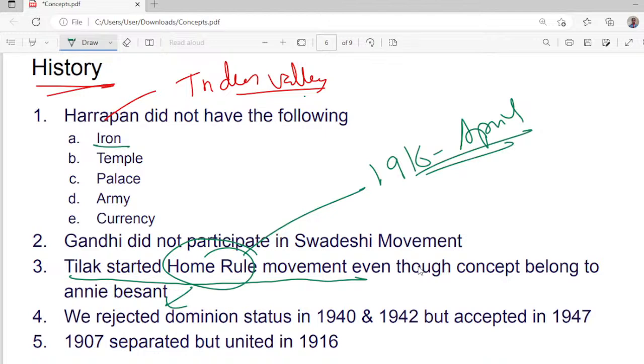But Tilak started this. Tilak is a brave person. He started this in Pune. Tilak started Home Rule movement in Pune, but the concept of Home Rule movement belongs to Annie Besant.